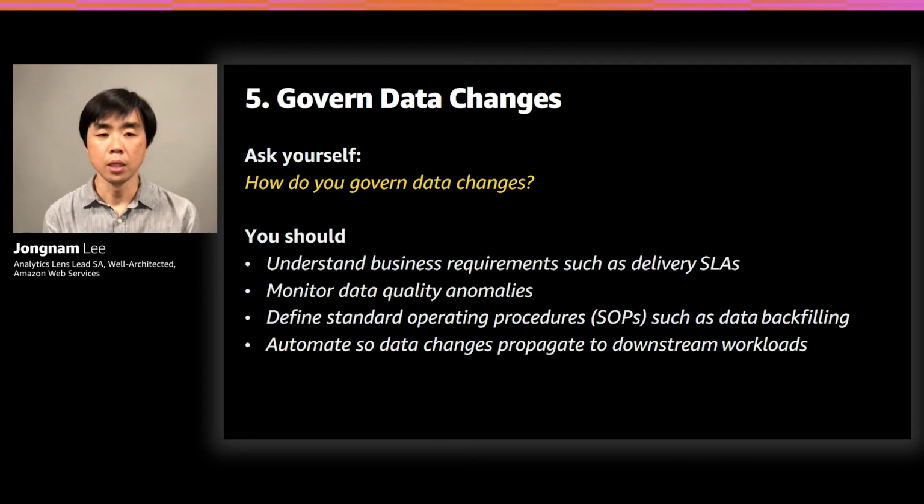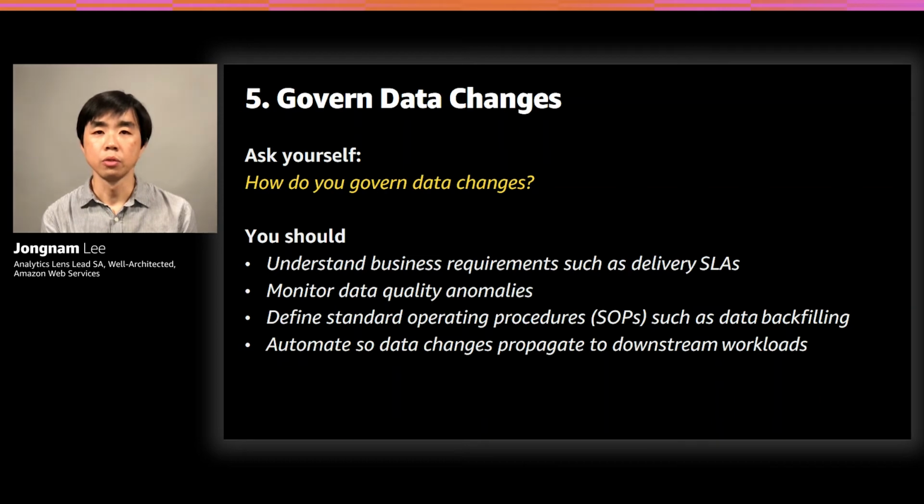So please understand your business requirements, such as delivery SLAs: how often the data should be delivered to the data lake, and at what time. And then you need to monitor data quality anomalies, such as a field that you expect to always be present, so you want to ensure that such an assumption is always met.